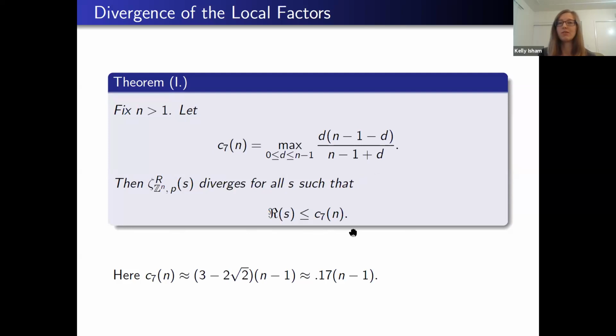Again, this is just a difficult function to look at. What is this really? It's roughly, if we could maximize over r, 3 minus 2 squared of 2 times n minus 1, so roughly 0.17 times n minus 1. So we get a very similar divergence to the entire subring zeta function minus that O of 1 over n part.